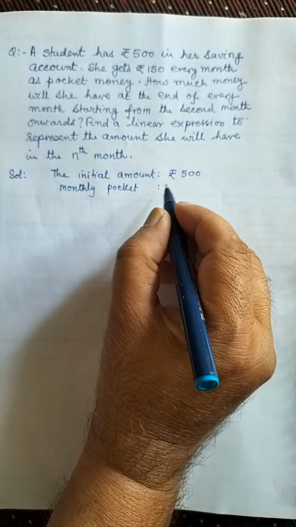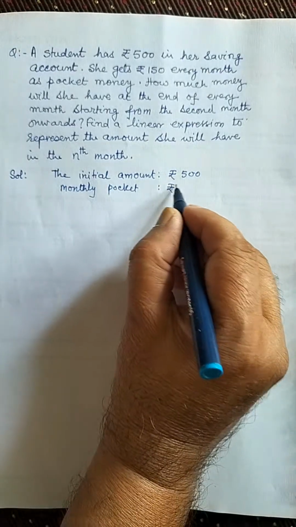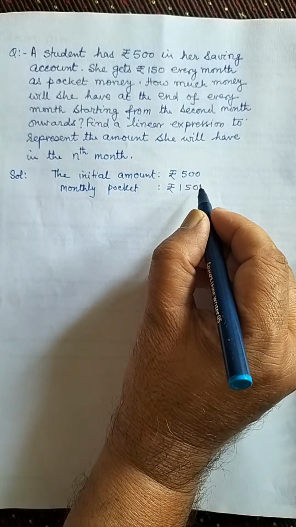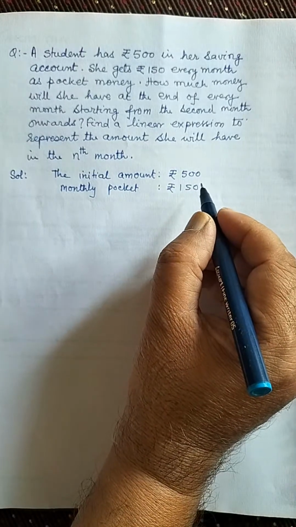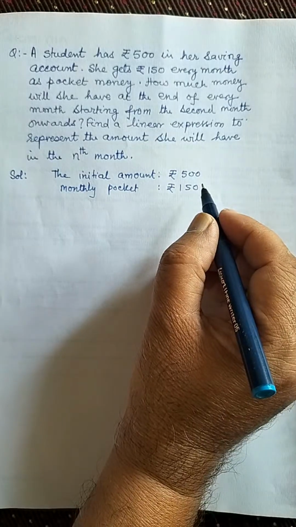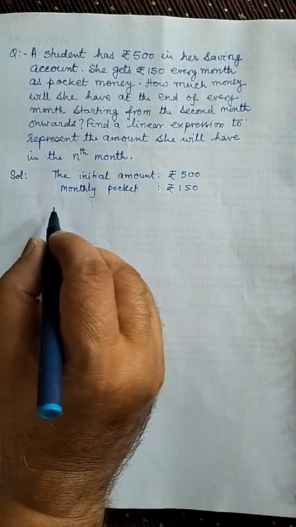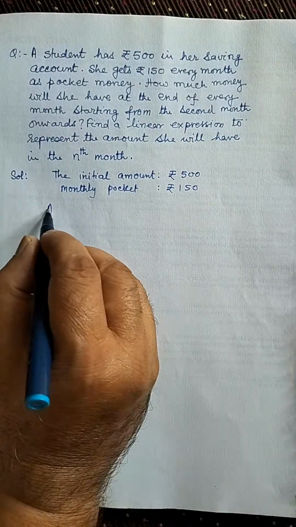Now monthly pocket money is rupees 150. That is, she gets every month 150 rupees. Now we have to find out what money she will have at the end of every month starting from second month.